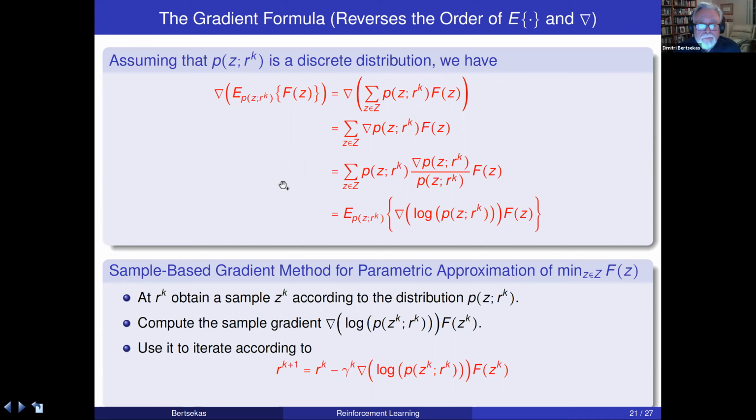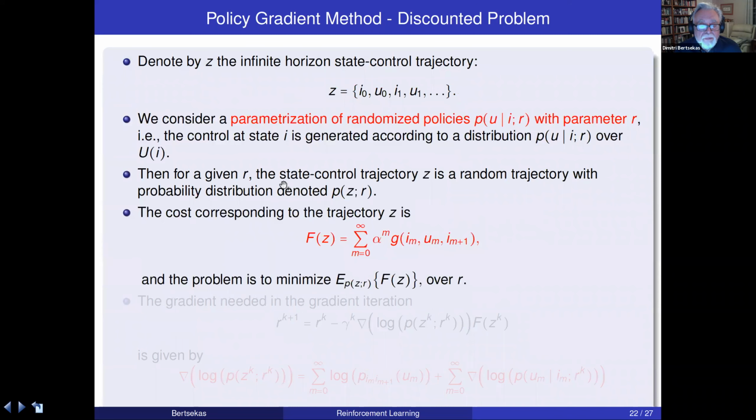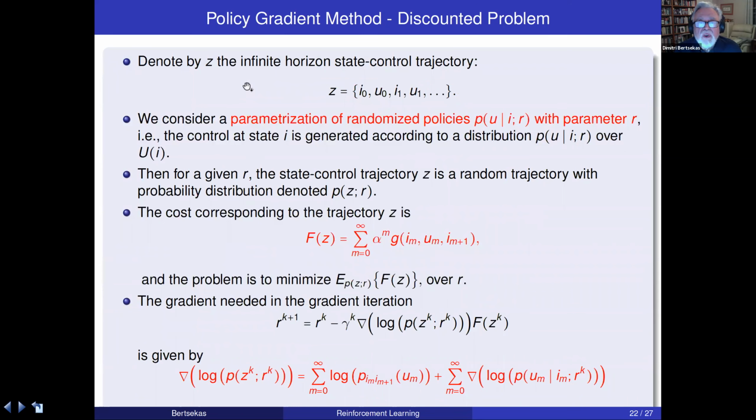All of this requires a lot of calculations that I'm skipping here, and the point that's worth retaining is that even though this algorithm is very complicated to write, it's extremely simple to program. All you need is a parameterization of the randomized policies, and to be able to generate sample trajectories according to the parameterization.